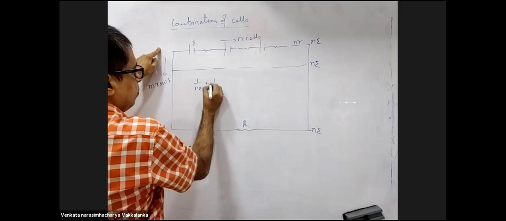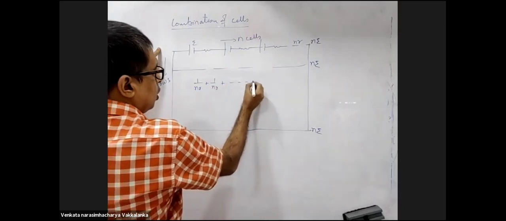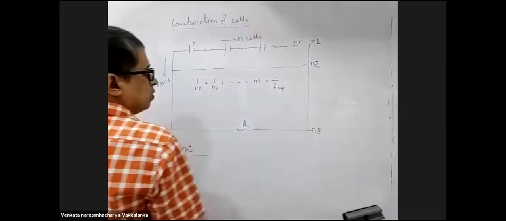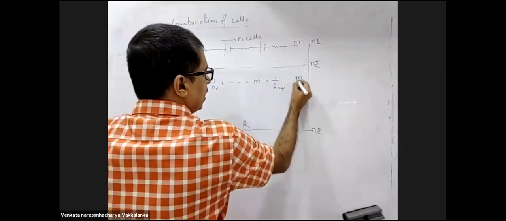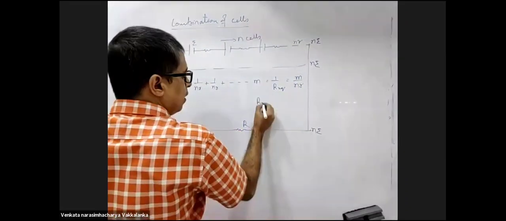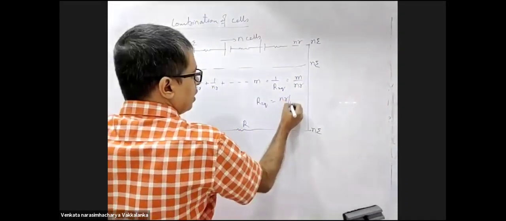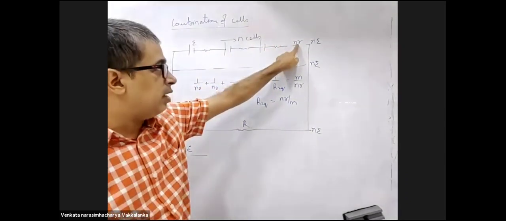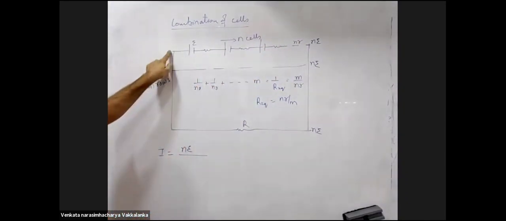Are you convinced? R plus R plus R up to N terms will be NR, the resistance of each row.